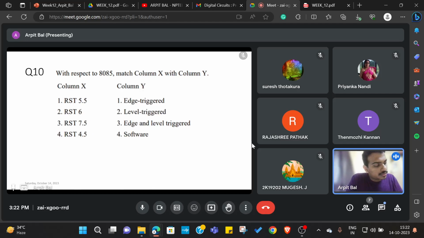Okay, so question number 10. With respect to 8085, match column X with column Y. So can anyone tell me? Okay, let's start with RST 7.5. What is RST 7.5?